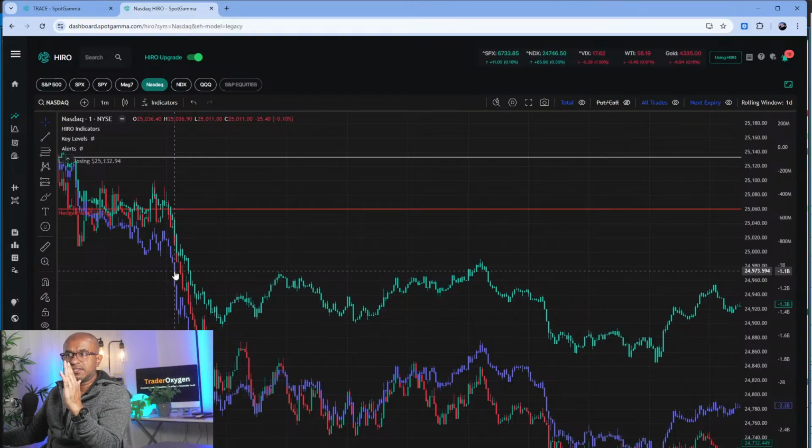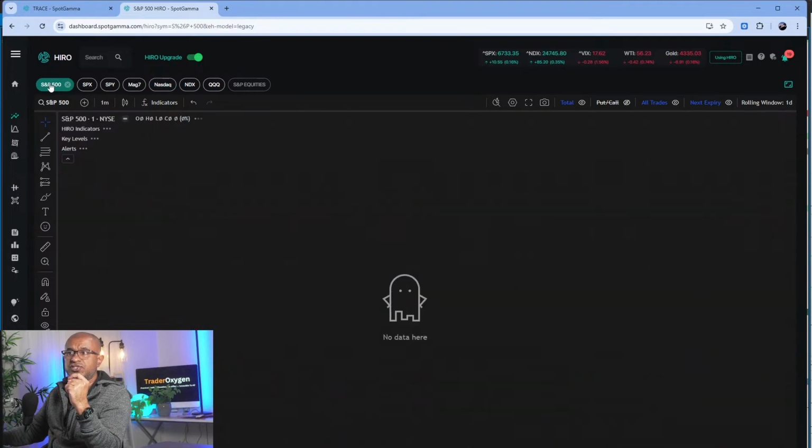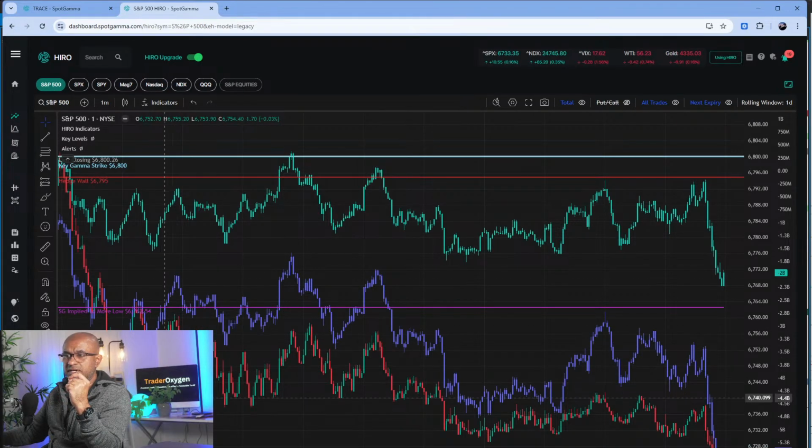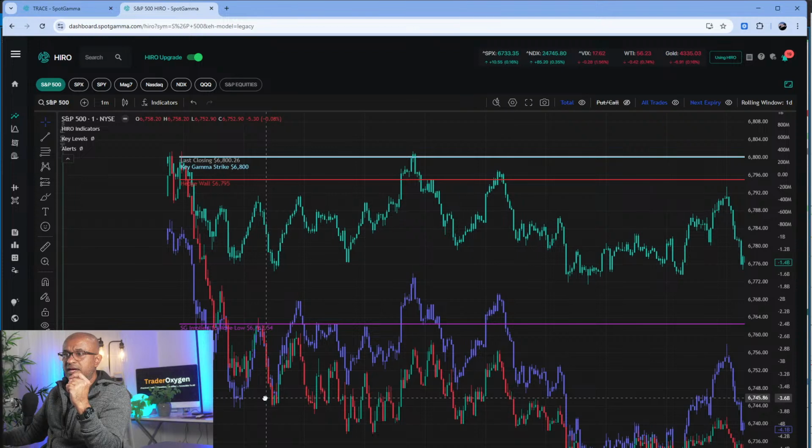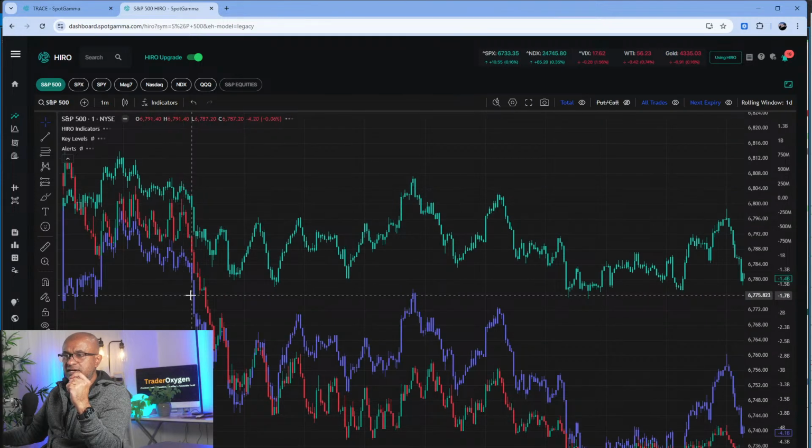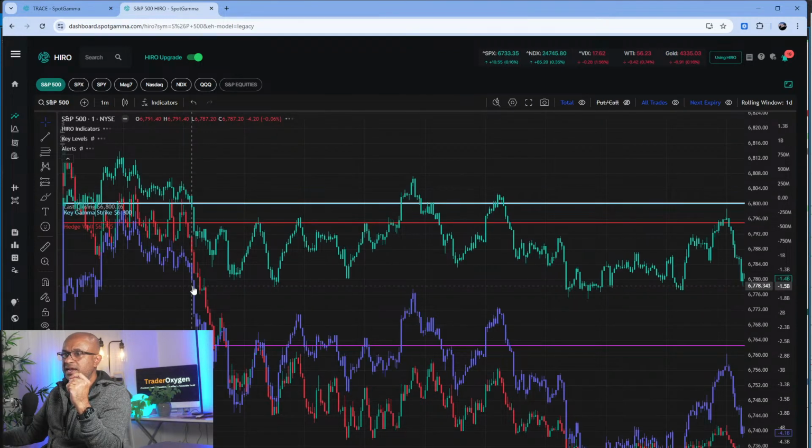What that tells us is the dealers are heavily bearish, right? If you followed us in some of our previous videos, we explained this dealer hedging. Basically, it tells us the market is bearish. Not only Nasdaq, if you look at the S&P 500 chart, dealer hedging at that same moment is also heavily negative.